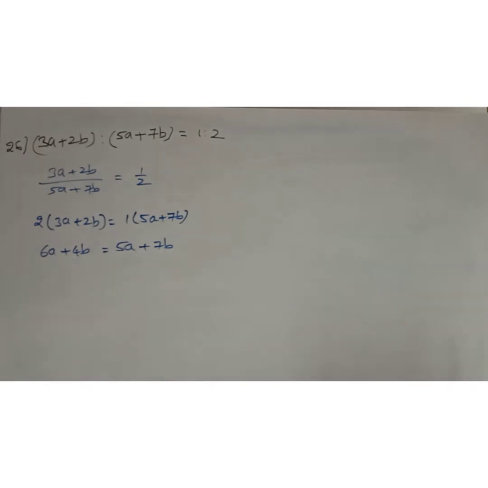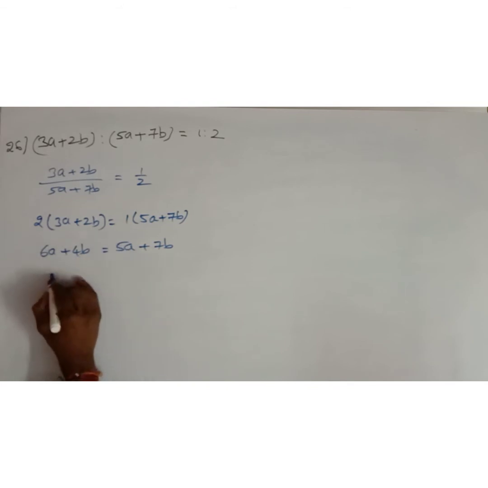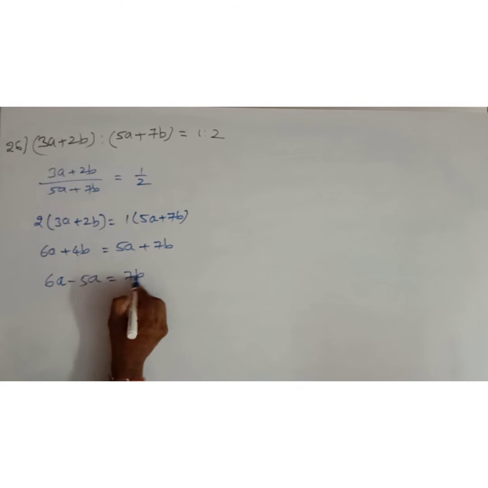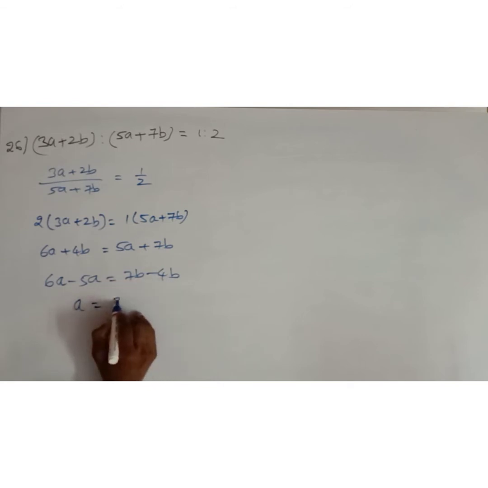Now I am going to take all b set one side and all a set one side. So here this 5a I am taking to right side, that is 6a minus 5a is equal to 7b minus 4b. 6a minus 5a is a is equal to 7b minus 4b is 3b.